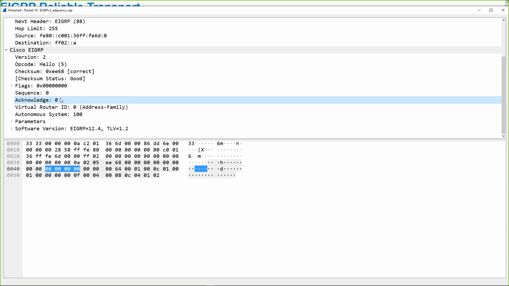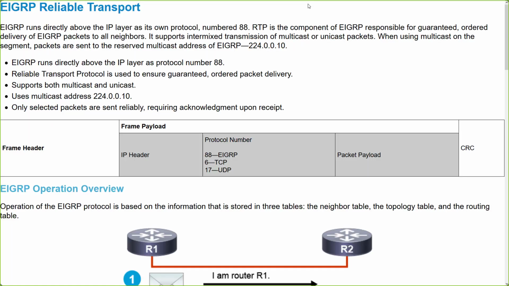There are basically 5 major packet types that exist in EIGRP, but every single one of those packet types includes a sequence field and an acknowledgement field. So the reliable transport, that reliability, is built into the protocol itself. A lot of people talk about it as RTP, the Reliable Transport Protocol, and it's a little bit misleading because a lot of people think that there's a secondary protocol that gets implemented when you implement EIGRP.